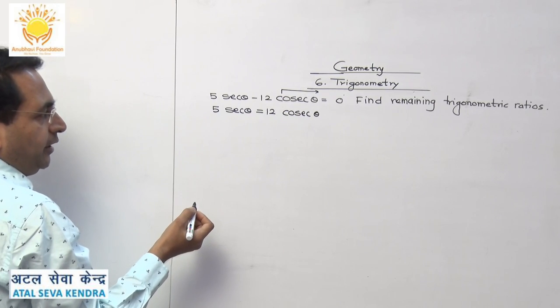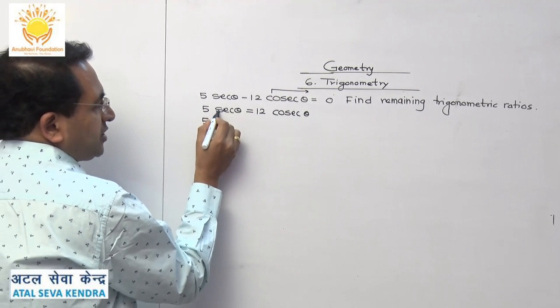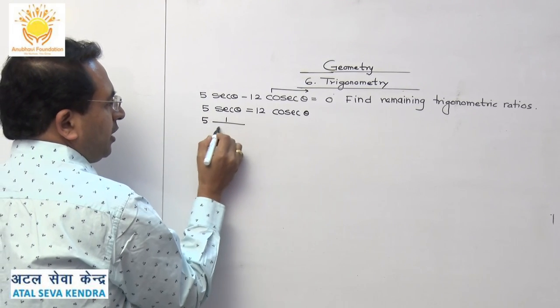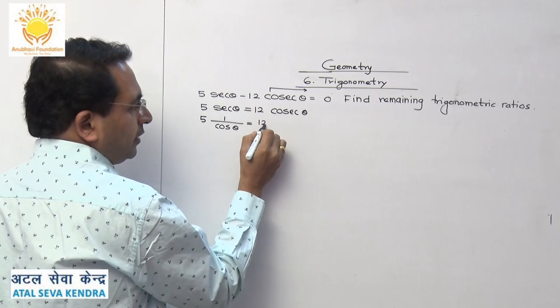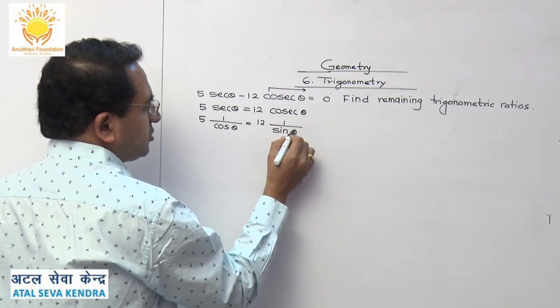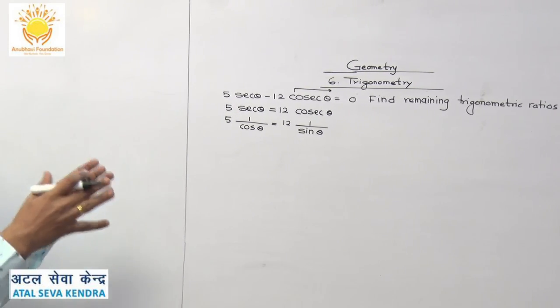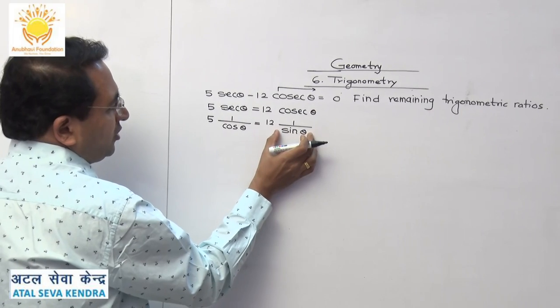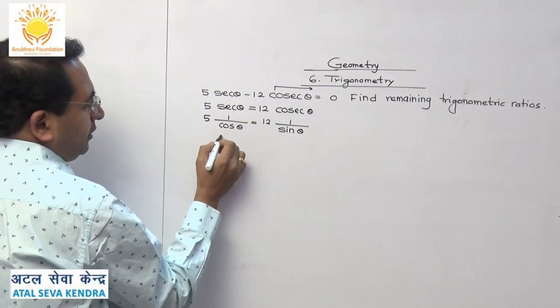Now what is to be done? Basic ratios you have to write. Now sec theta is nothing but 1 upon cos of theta, and cosec theta is 1 upon sine of theta. This is the way we have to solve further. Now get them in one group. Sine theta is shifted to the left in the numerator.